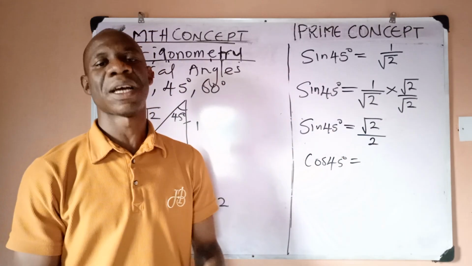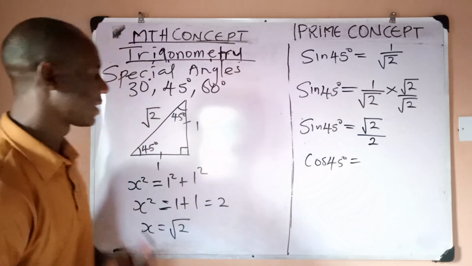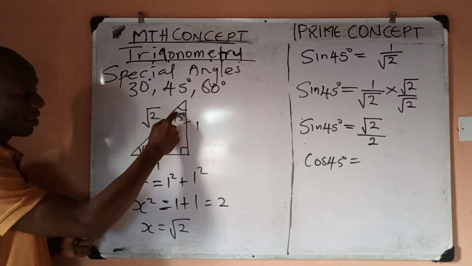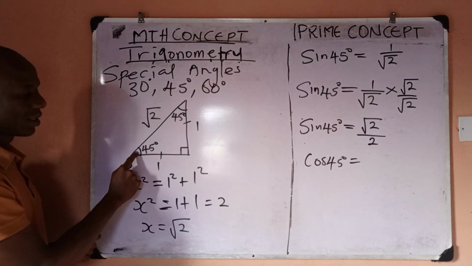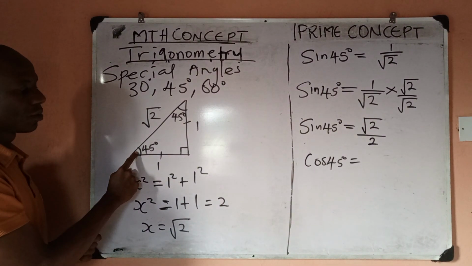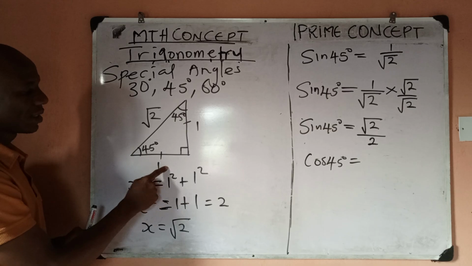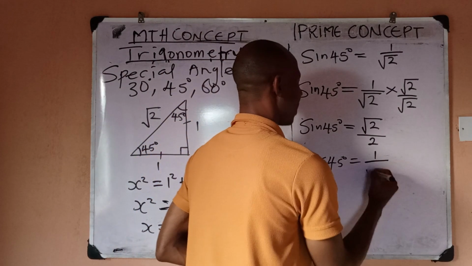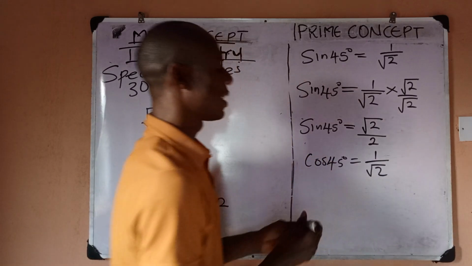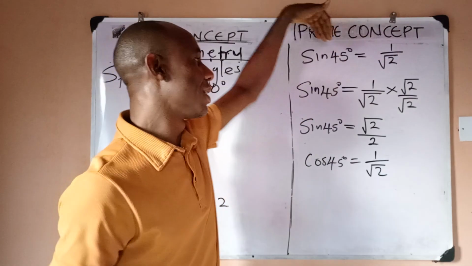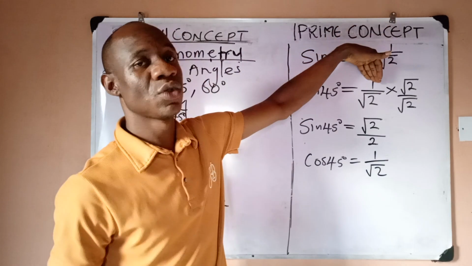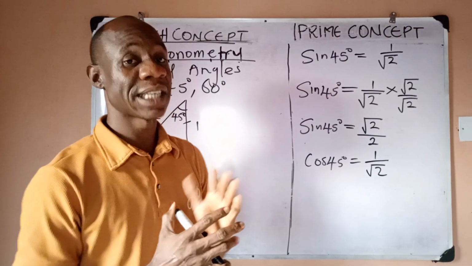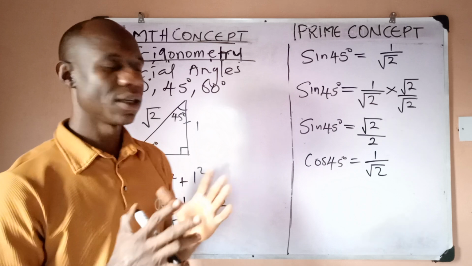It is still 45. So it means that both of them should have same answer. But let's verify for your sake. So this is 45. Any one of them can go. Now say we are using this, because 45 is going to be adjacent, which is 1, over hypotenuse, which is root 2. So 1 over root 2. So you can clearly see that it's the same thing. So it's either you say sine 45 is 1 over root 2, or you say sine 45 is root 2 over 2. Both answers are correct, but in different forms.